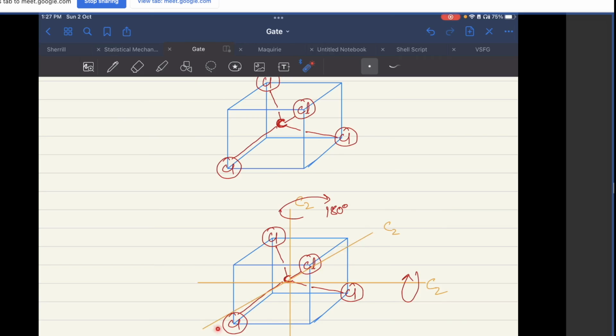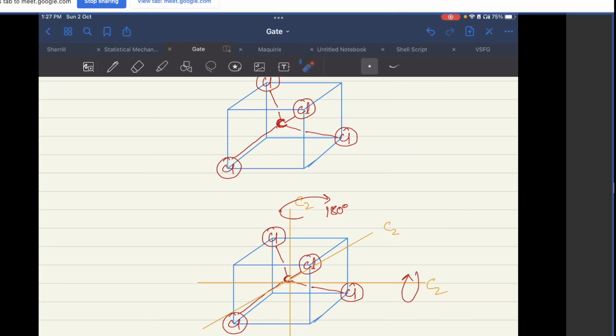You can imagine this particular axis similarly, but from back to front, from this particular face to this particular face, doing the 180-degree rotation.